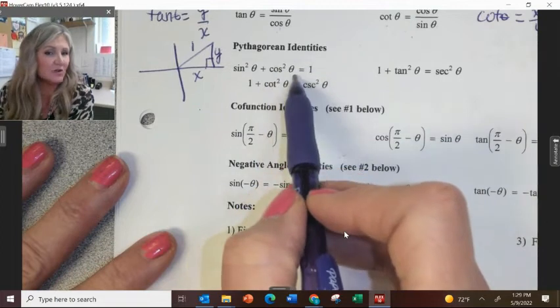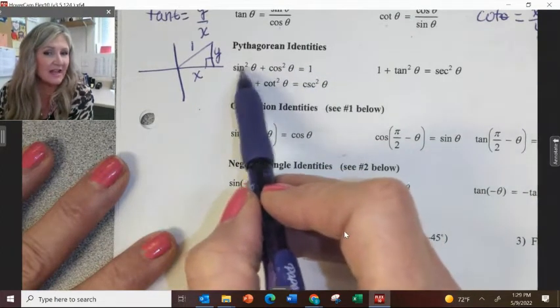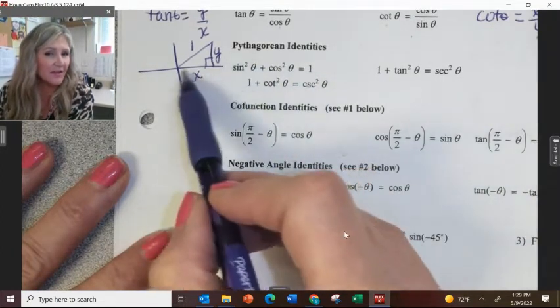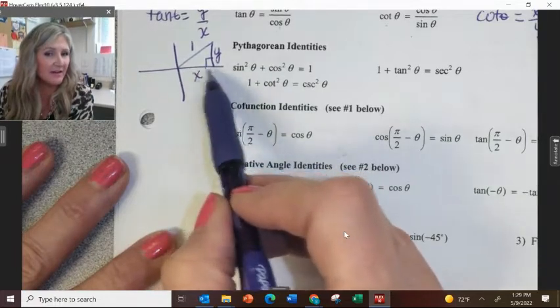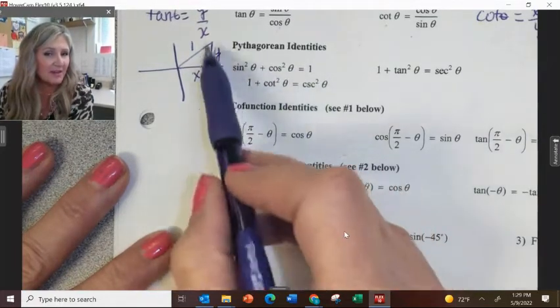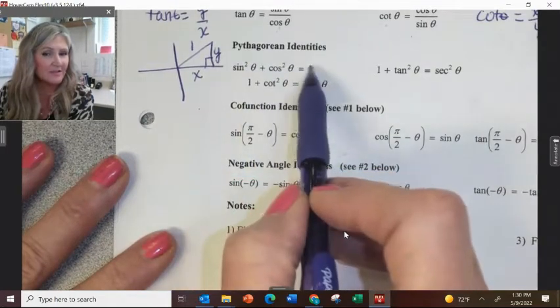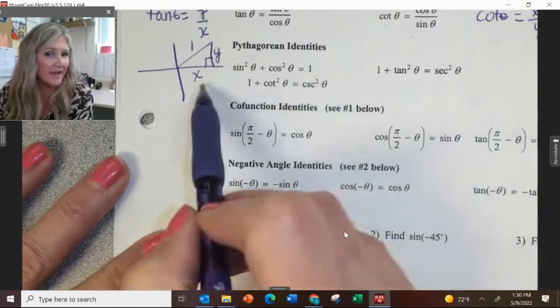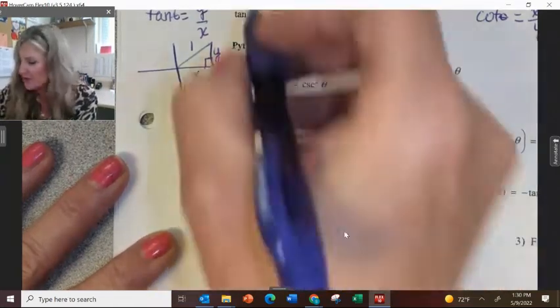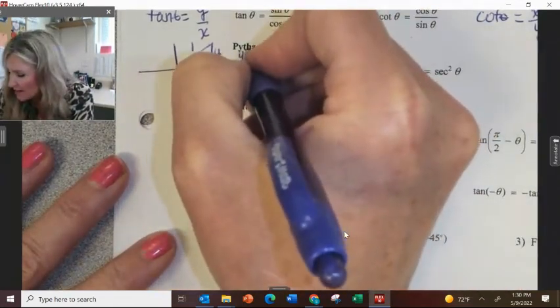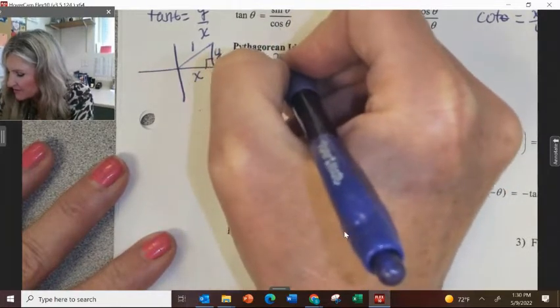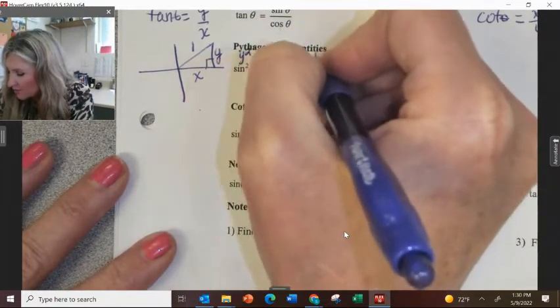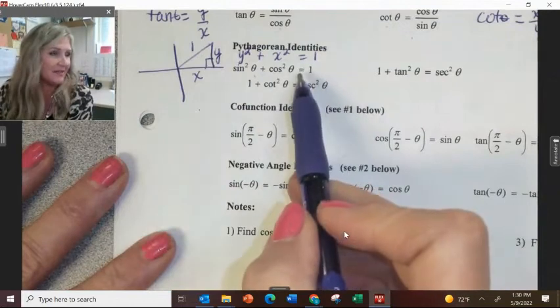So cosine squared of an angle plus sine squared of an angle. So here's really the cosine, and that value squared plus this value squared is always going to be equal to that hypotenuse squared, which is 1. So that's where this really comes from. Sine is the same thing as y squared. Cosine is the same thing as x squared equals 1. That's really what that is.